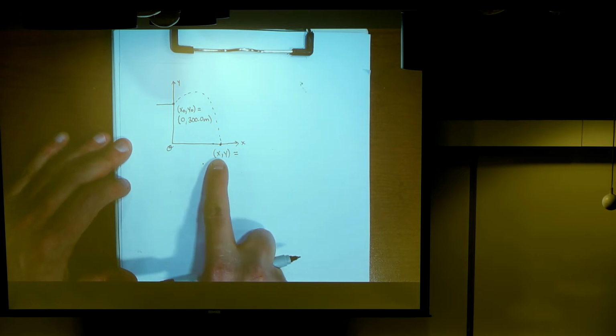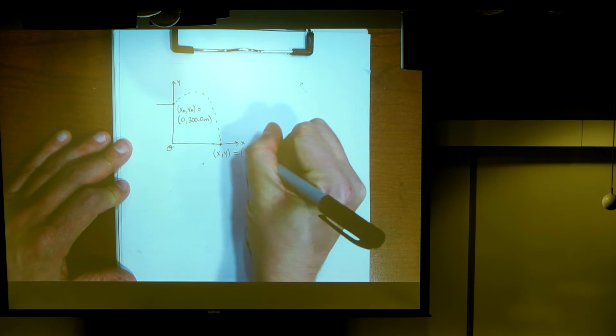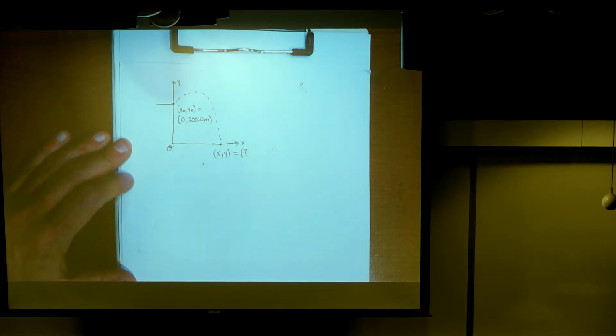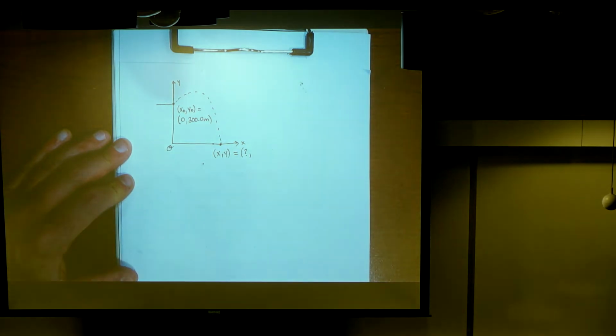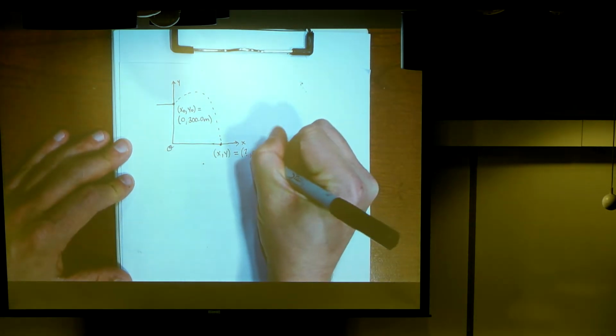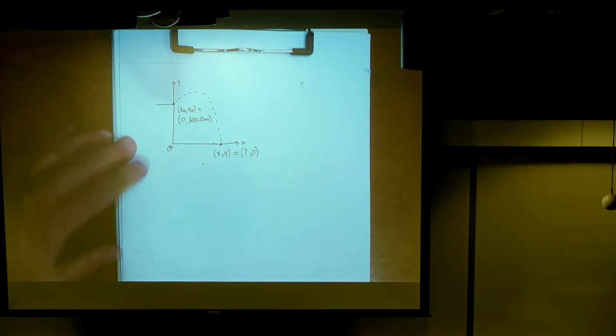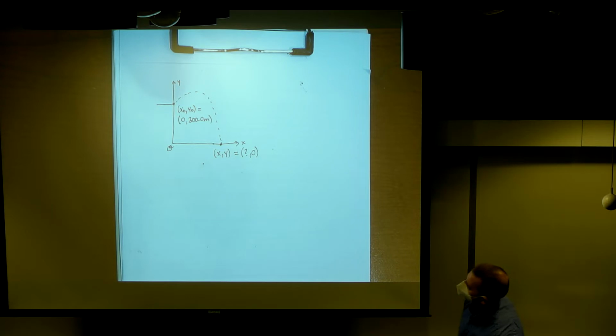Do I know the value of x? I don't think so. That's what I'm trying to figure out, right? So I'm going to put a little question mark for that one. But do I know my final y position? That would be 0, right? Because we're setting y equals 0 to be at ground level, just in the way we set up our coordinates. Does that make sense?